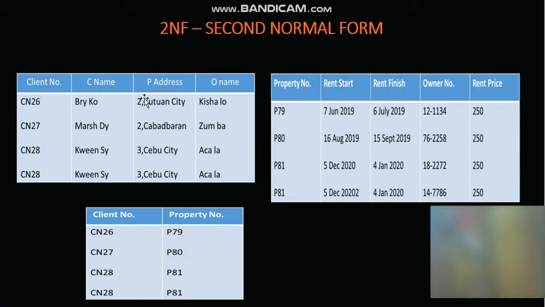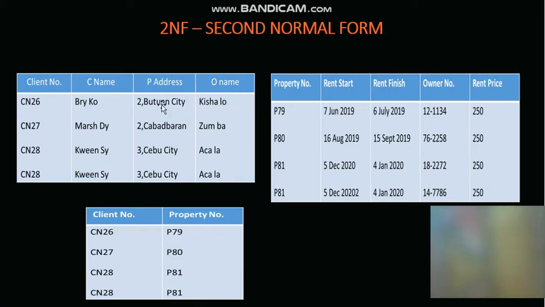Here we have the prime key attributes, which are the client number and the property number, and the non-key attributes, which are the client name, address, and owner name.